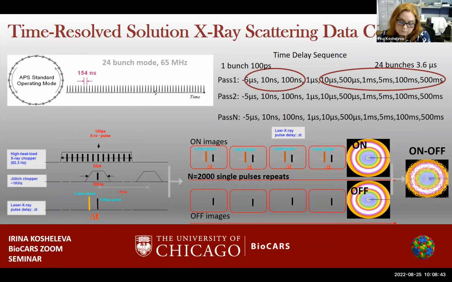So the heat load chopper cuts the 22 microseconds, and the ULIC chopper can cut a single 100 picosecond X-ray pulse, or more. We normally can do, I think, up to 24, 48 X-ray pulses, a train of X-ray pulses on demand.